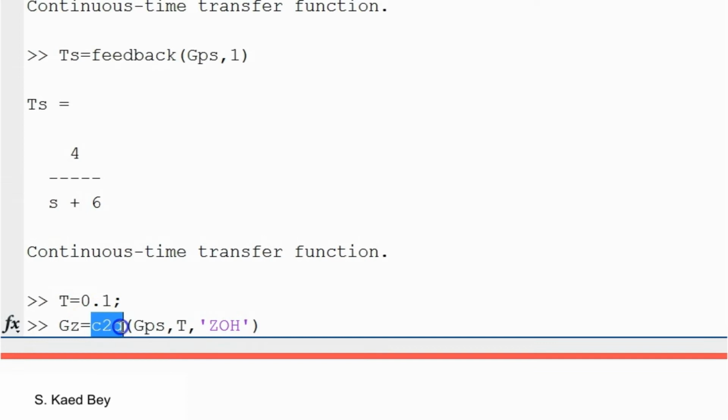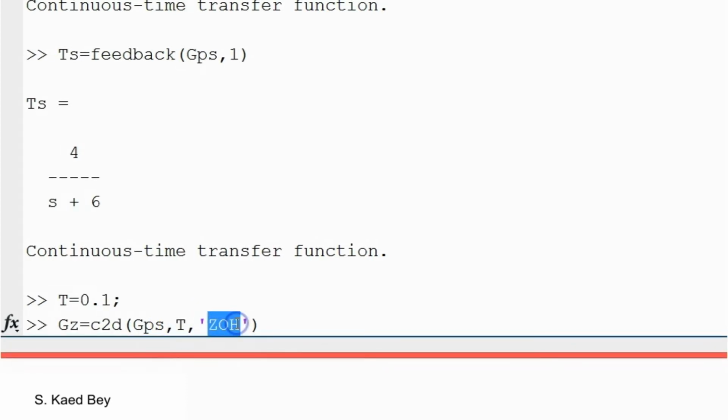So the C2D means continuous to discrete. What it does is convert the continuous-time linear time-invariant model, which is the water tank model, Gp(s), using the zero order hold on the inputs with a sample time capital T.